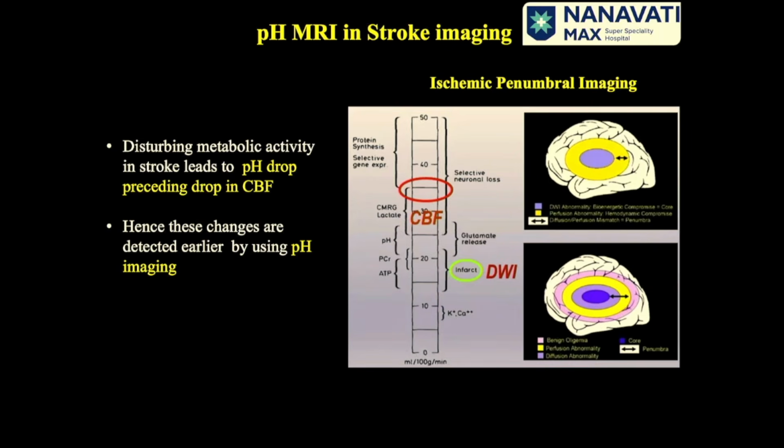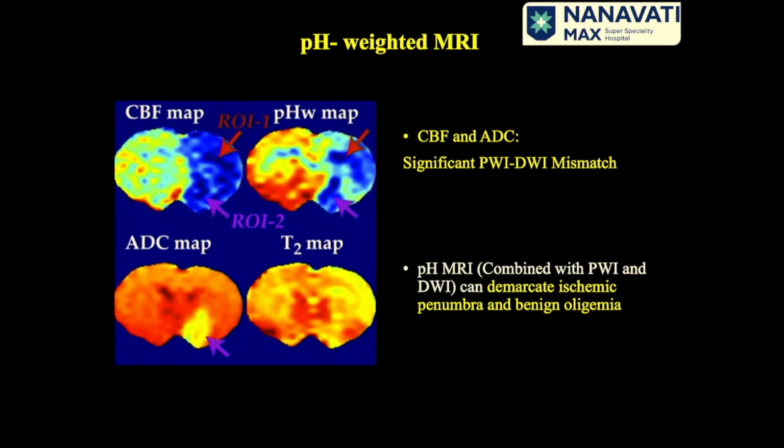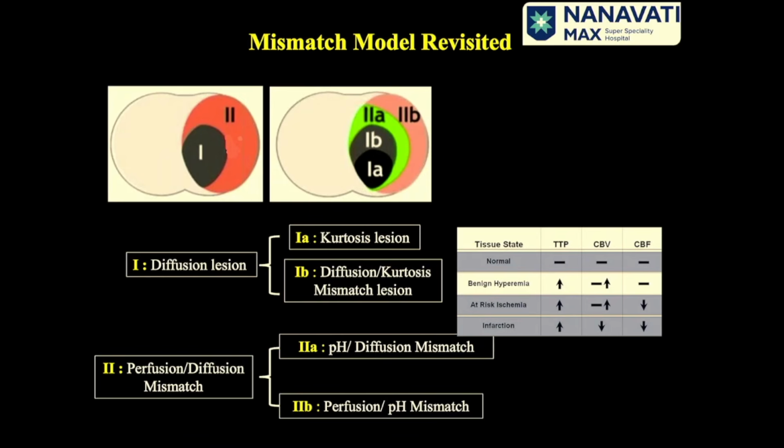pH MR is based on the principle that even before the ASL or diffusion abnormality comes in, pH in the infarcted area drops and it precedes the CBF abnormality. So using that, the researchers are now looking at dividing the area of infarct into 4 zones. So you have a combination of diffusion kurtosis imaging and pH imaging.